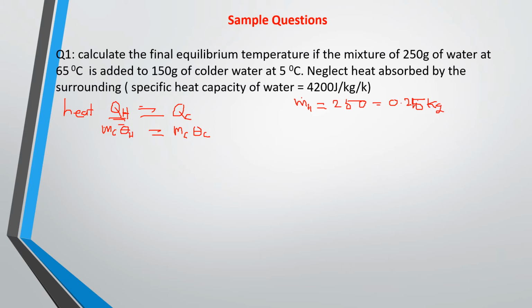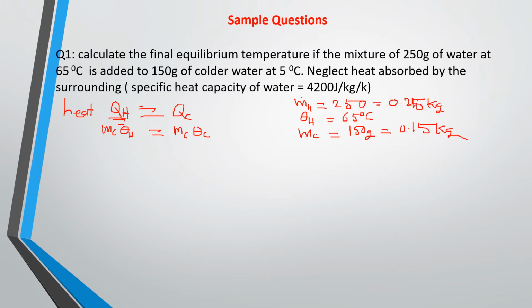Then the temperature of the hot water, let me put it at theta h, is 65 degrees. This is the initial temperature of the hot water. Then for the cold water, the mass of cold water, mc, is 150 gram. This you can convert to kg too to give you 0.15 kg.